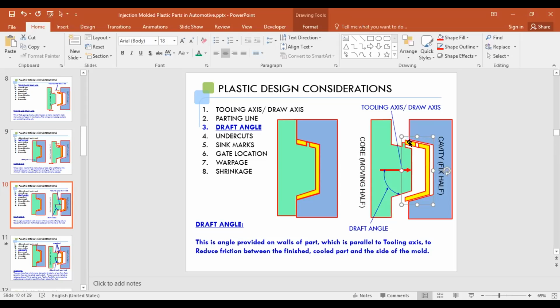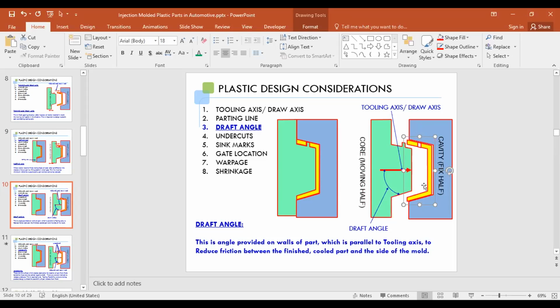So we always have an angle, which is called the draft angle, so that when the part comes out of the cavity, after a small movement it is released from the whole surface of the cavity, and the same for the core also. This helps to avoid any scratches on the A surface of the part.